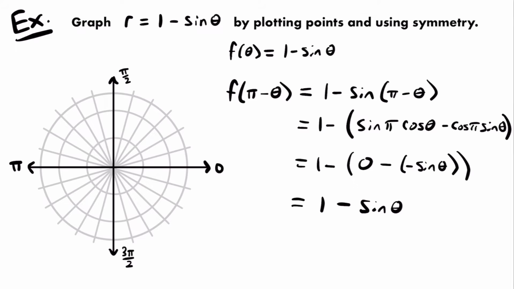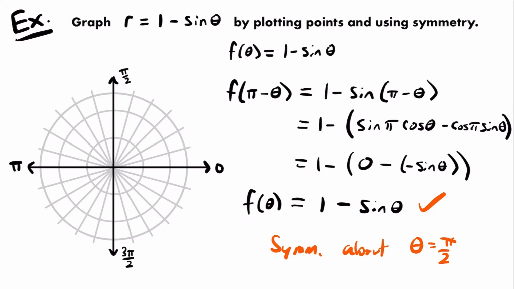And now, as you can see, we have the same exact function that we started with. f of pi minus theta is the same as f of theta. So, since that is true, we can say that there is symmetry about theta equals pi divided by 2. Our equation will be symmetric about the vertical axis.